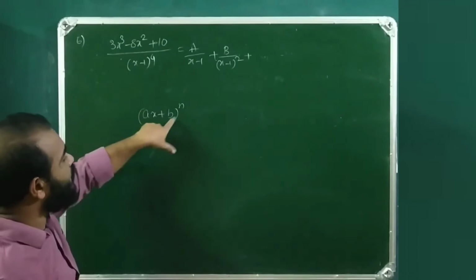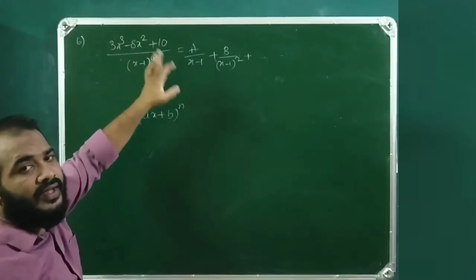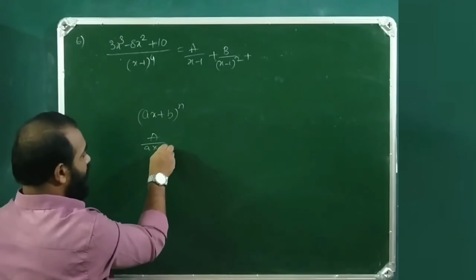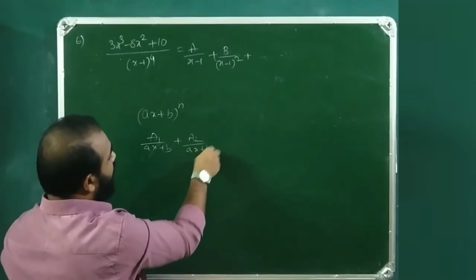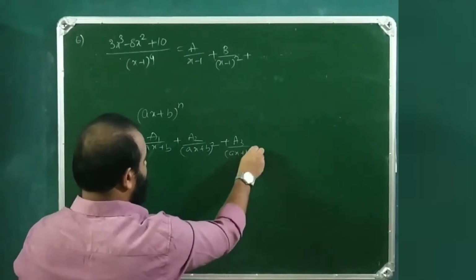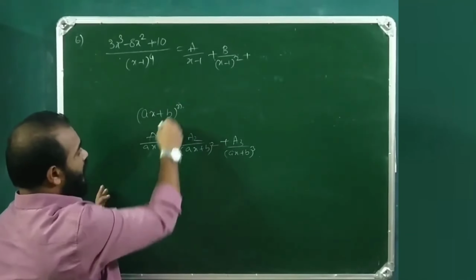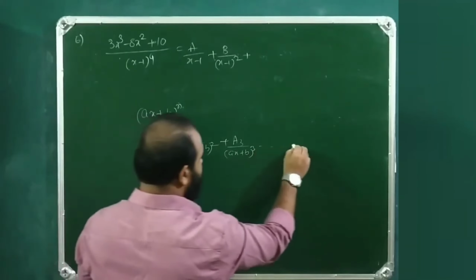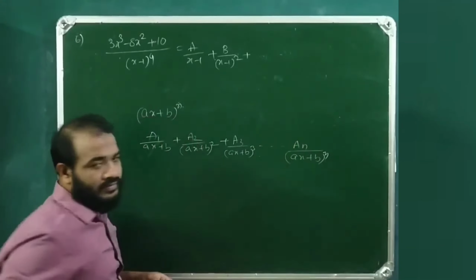of (ax plus b) whole power n in the denominator g of x, there will be a partial fraction of the form A by ax plus b, A2 by ax plus b whole square, A3 by ax plus b whole power 3 if n is 3. If there are n repeated linear factors, etc., An by ax plus b whole power n.